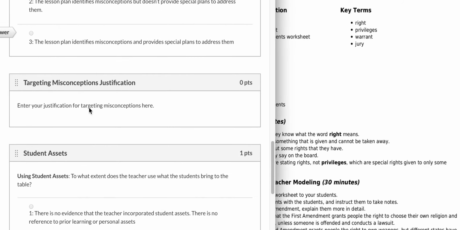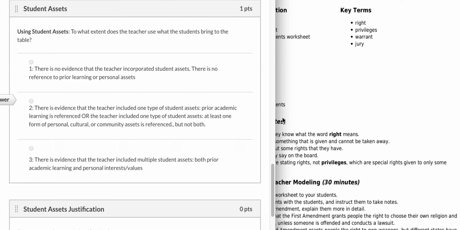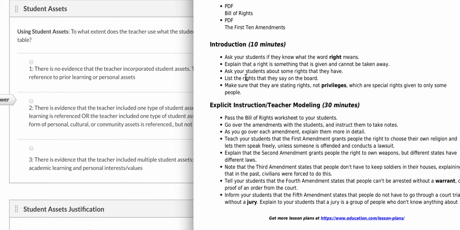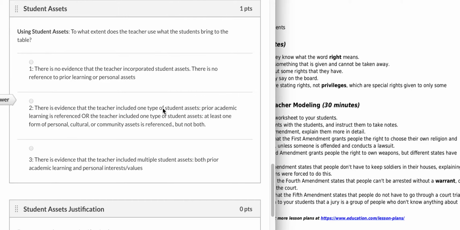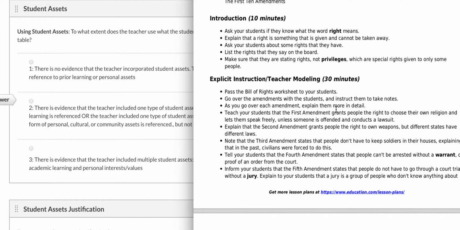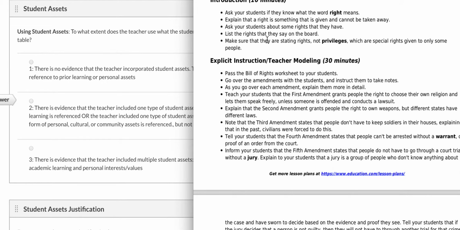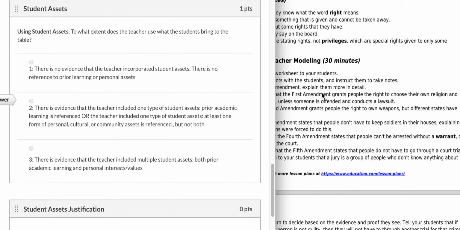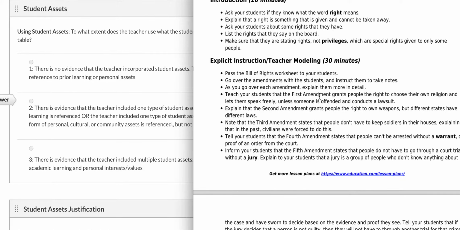When we think about student assets, we talk about prior academic learning. There's some attempt to activate some things here, but there is no specific mention of a review. She does try to get them involved in rights that they have, so that's taking us up towards the 3, right? But that is just one kind of thing.